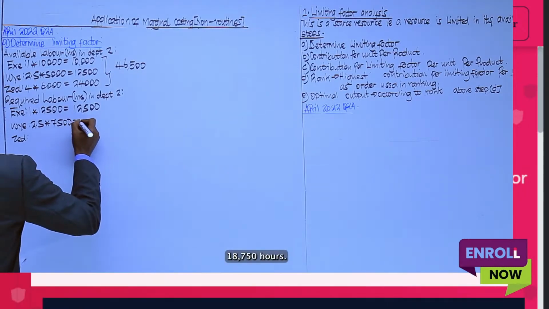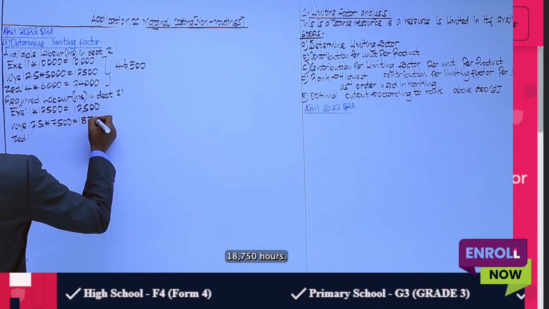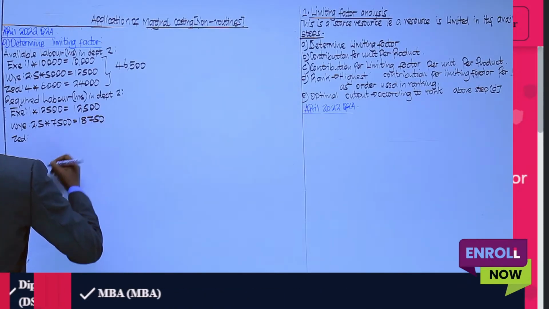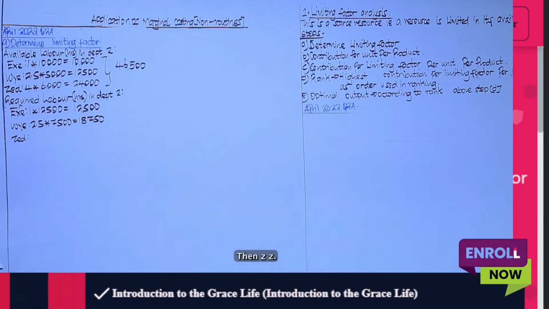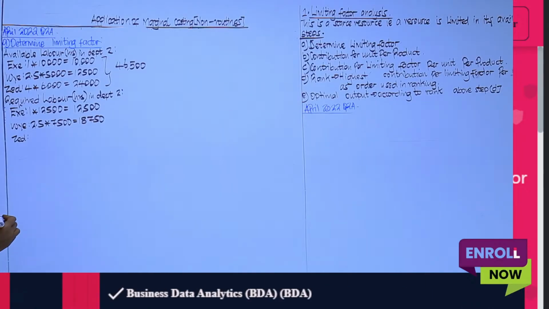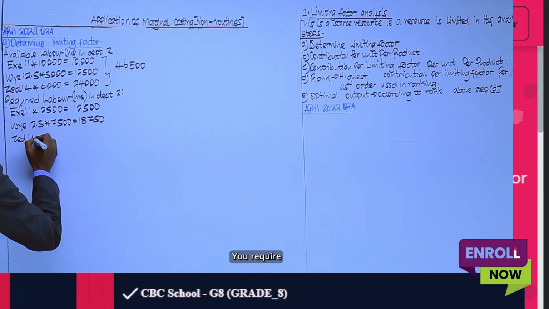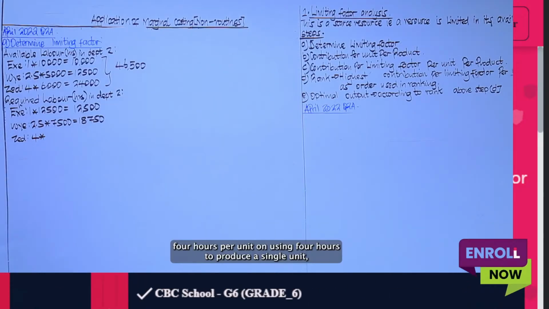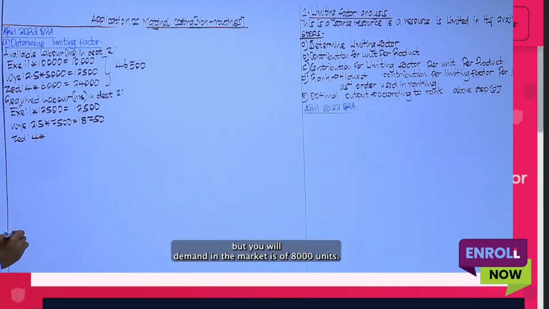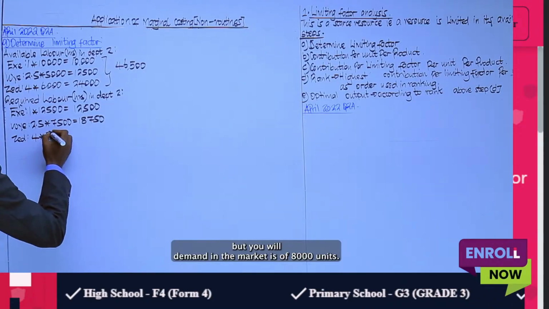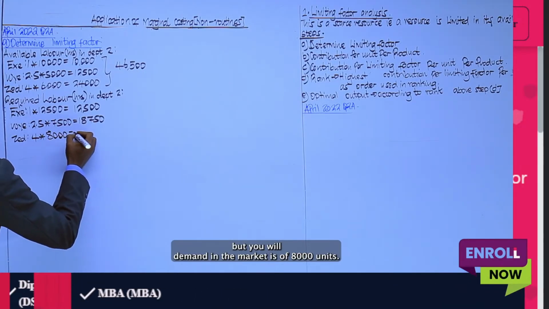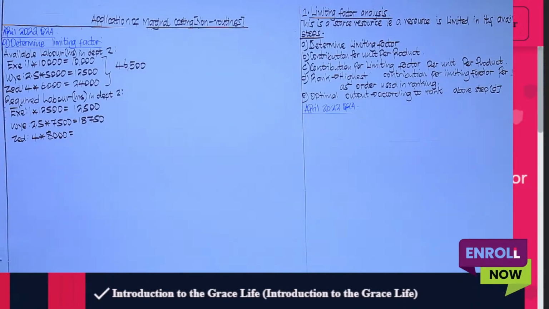You require 18,750 hours. Then Z, you require 4 hours per unit, or you'll be using 4 hours to produce a single unit, but your demand in the market is of 8,000 units.